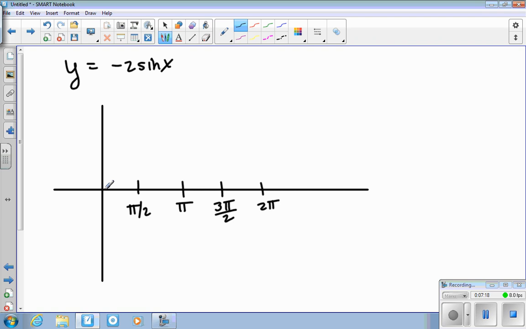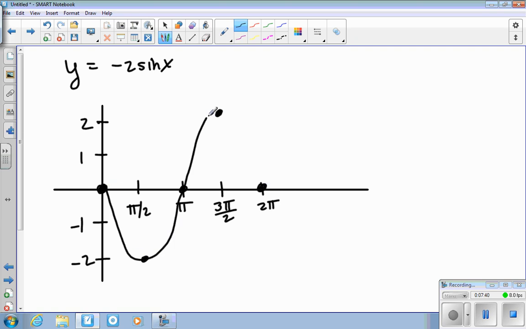And sine starts at 0, 0. So it's still going to start at 0, 0. There's no reflecting going on yet. Normally, with an amplitude of 2, we would be going up to 2. But because this is negative, we're going to go down to negative 2. Back to 0, up to 2, back to 0.